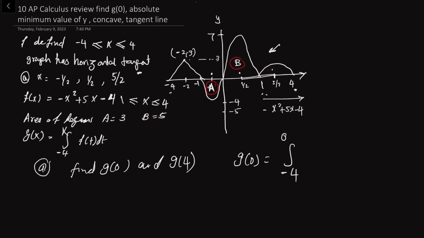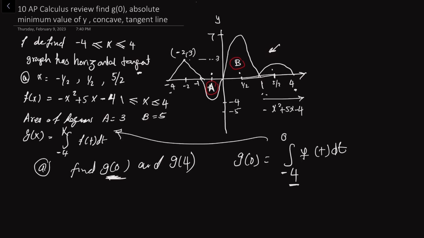Because if we go with g, the x value is 0, so we substitute x with 0. So it's from -4 to 0 of f of t dt.